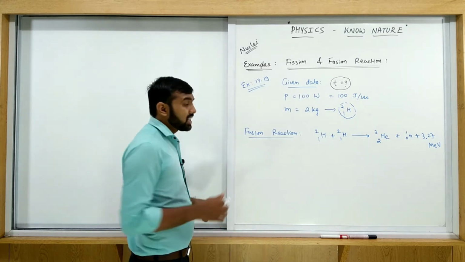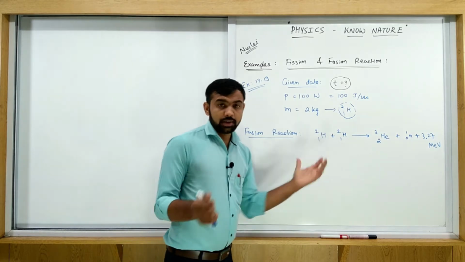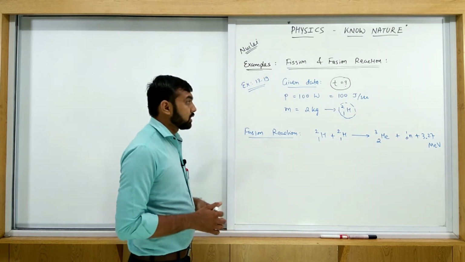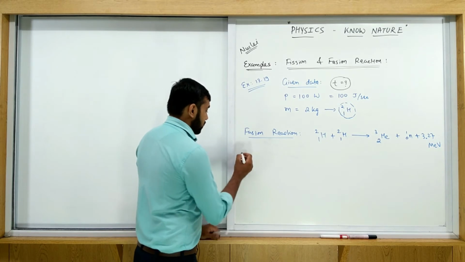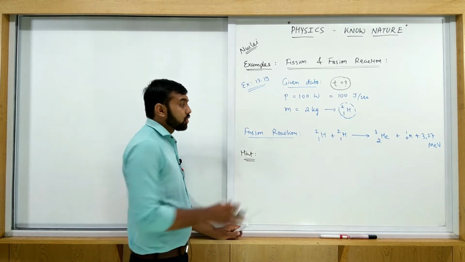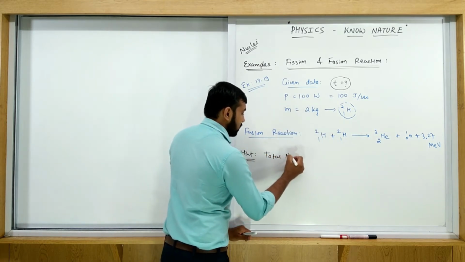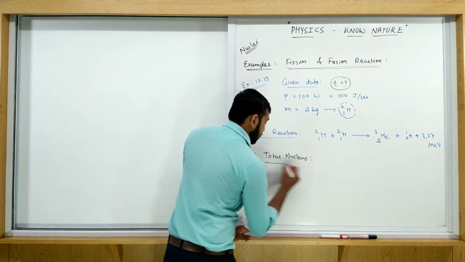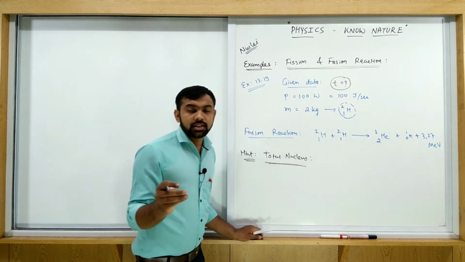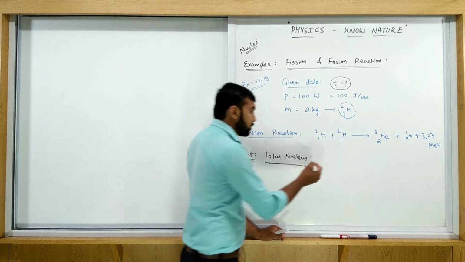Okay, so let's first find the total number of nuclei, which then fuse with each other. Let's find the total number of nuclei in 2 kg deuterium. As we discussed in the previous sessions, we have the equation for this directly.